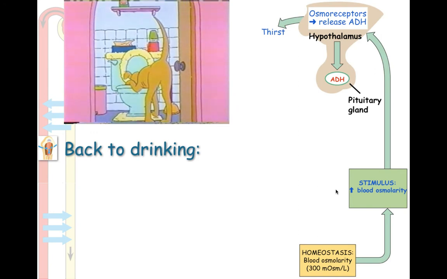When you get thirsty, or when your body recognizes that you need water, chemical signals can be sent out that say, hey, go get a drink of water. That's one way that you can get water. But a second way is that your pituitary gland releases a hormone called anti-diuretic hormone. And this hormone travels to your kidney in your blood until it reaches the nephron.